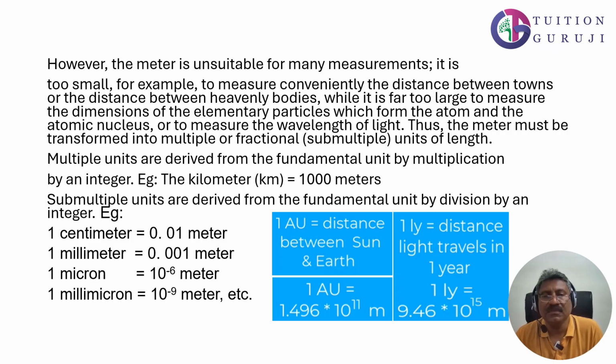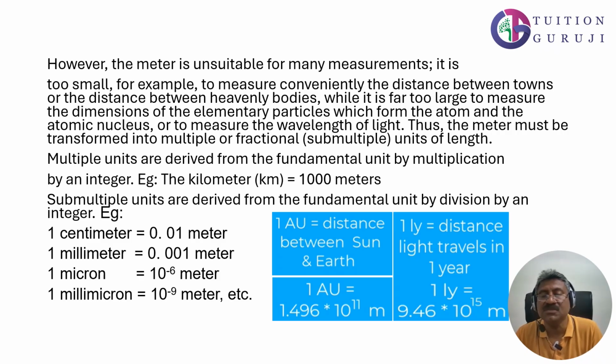Now, in the same way you cannot use meter for measuring the size of an atom. You need a smaller unit for that. So meter is too small to measure the distance between heavenly bodies or distance between towns.